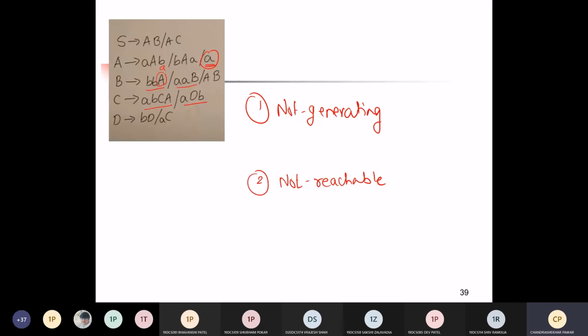Students, please reply, how many not generating and not reachable symbols are there over here?